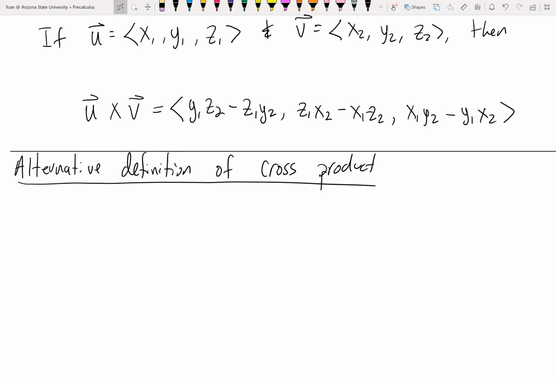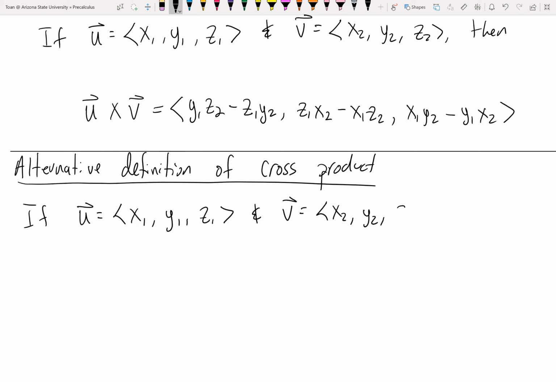So this is something I'm far more comfortable with because it's easier for me to remember. It has the same setup. If we have two vectors in component form, vector u is x sub 1, y sub 1, z sub 1, and vector v is x sub 2, y sub 2, z sub 2.